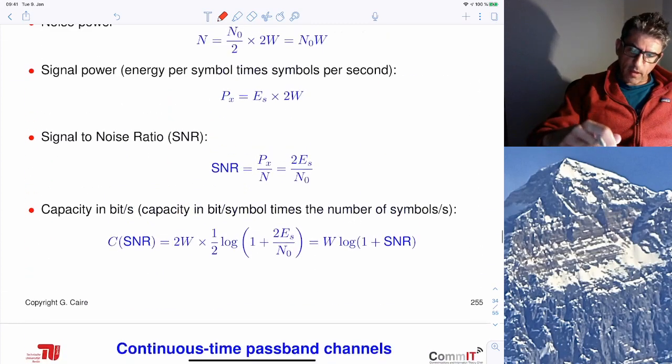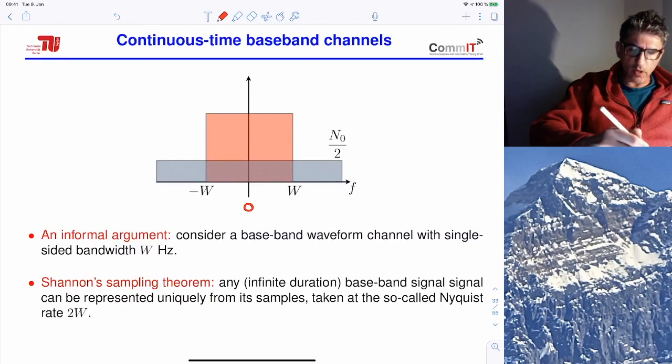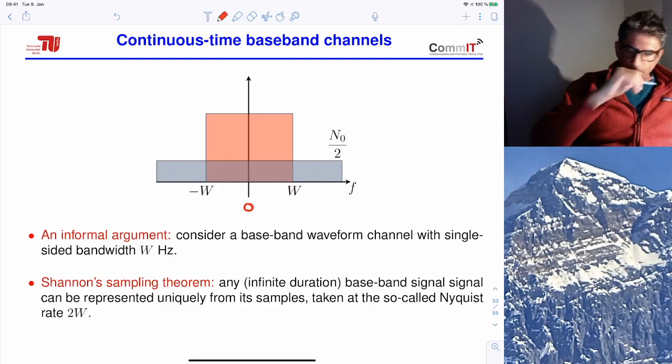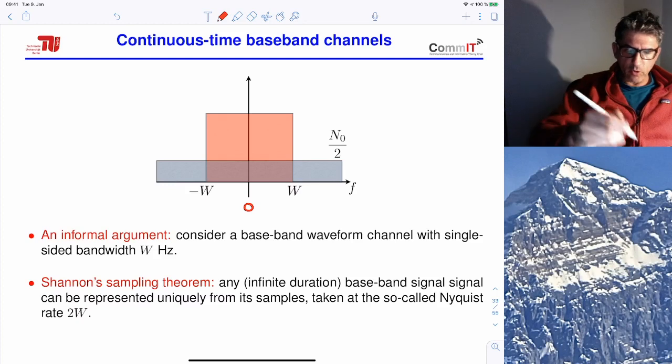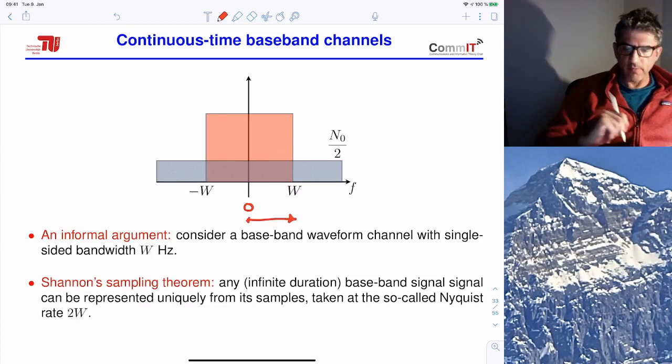Band limited means that the spectrum, the power spectral density of the signal, is supposed to be contained in a given bandwidth. Ideally, we may imagine that the power spectral density of the signal is a sort of big rectangle with support, in the baseband case, from minus W to plus W, so the so-called unilateral bandwidth is W hertz.